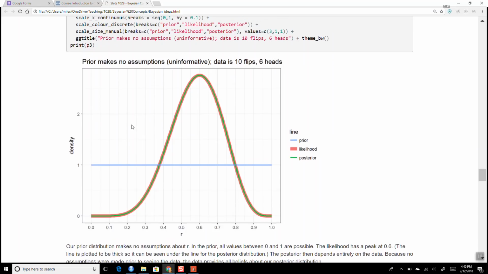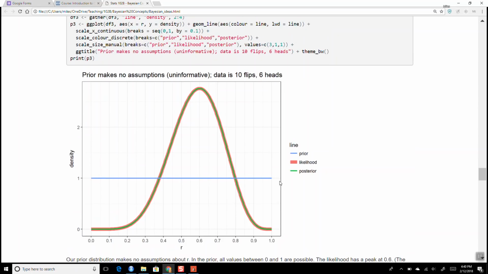Here, the prior made no assumptions about the data. We said everything between 0 and 1 is possible. And so my likelihood is just the likelihood function, centered with a peak at 0.6. If I plot the posterior, it is dependent entirely upon that likelihood, because the prior made no assumptions about our data beforehand.